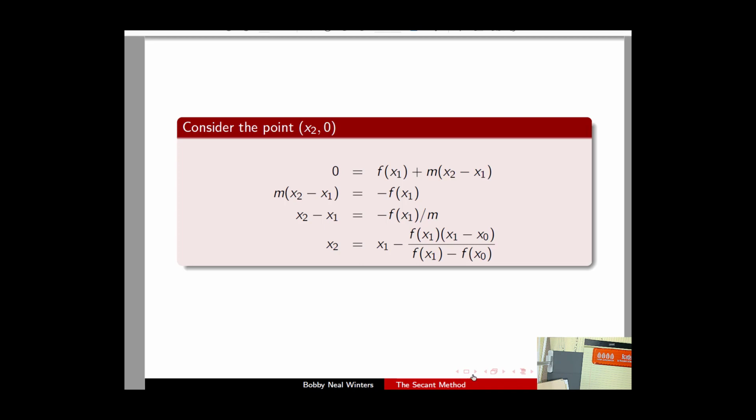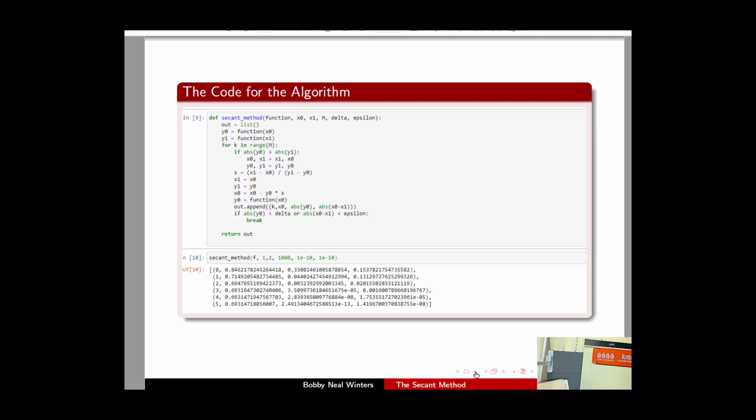Okay, so we can put in the code for the algorithm. Again, it's similar to the algorithm for Newton's method, other than we have two seed values instead of just one.